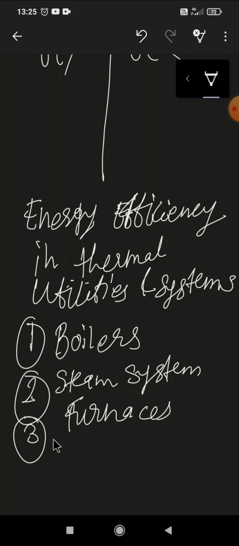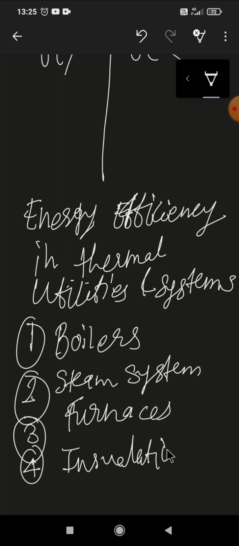Then the fourth is insulation and refractories. The main goal of insulation is to stop heat from being wasted to the environment.